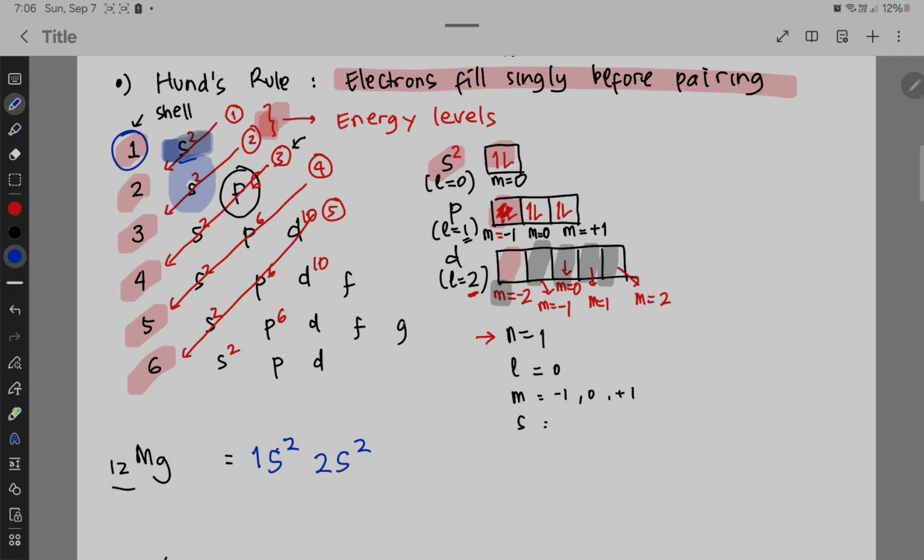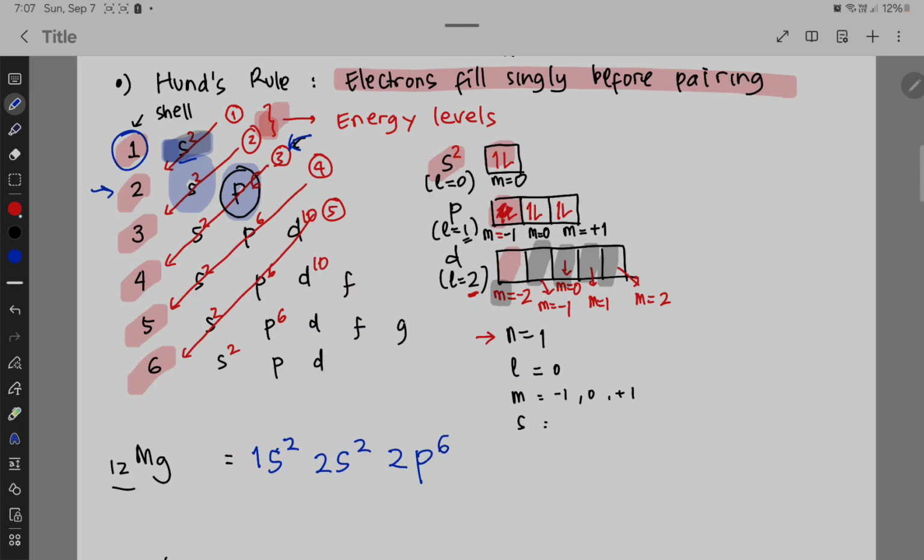Then we move to the third energy level here. So we have to fill this orbital first. The subshell is, in shell 2, subshell p, and there are 6 electrons.